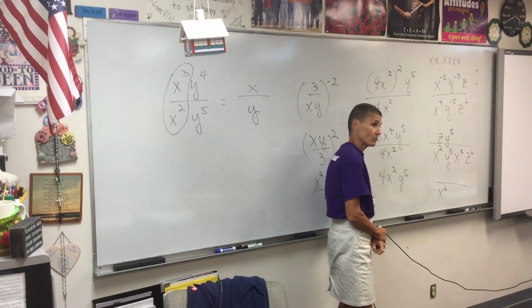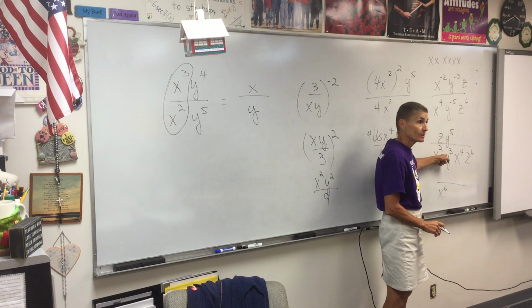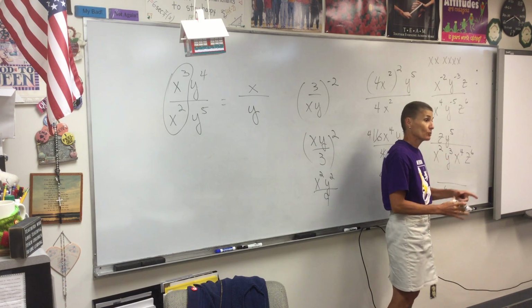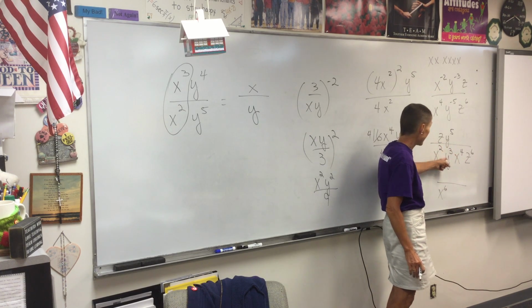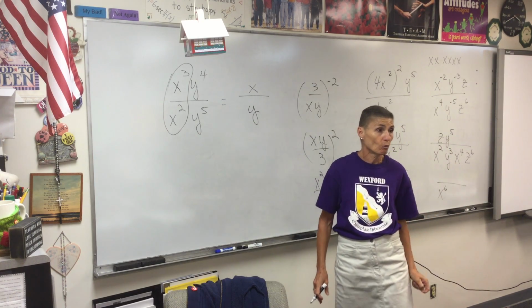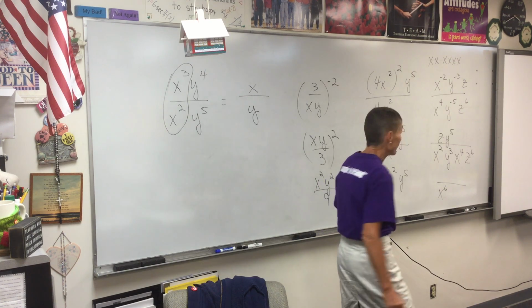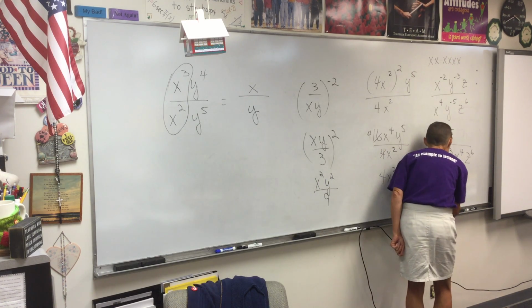Now your y's are different because you've got them on top of each other. So you're not going to put them together, you're going to cancel them because they're on top of each other. So what's that going to be? Y to the fifth over y to the third. Y squared on top.